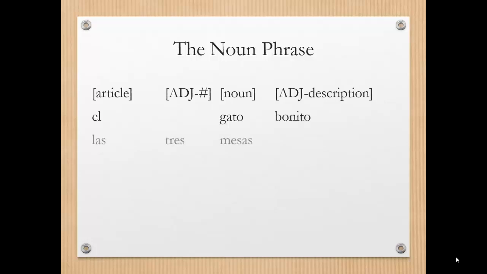Or you could have an article, a quantifier, and the noun. Or you could have a quantifier, the noun, and a descriptor. You could even have all of them in one noun phrase. Regardless of the parts, remember that the descriptive adjective goes after the noun, and the quantifier goes before it.